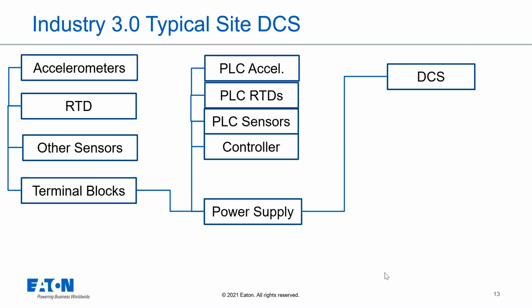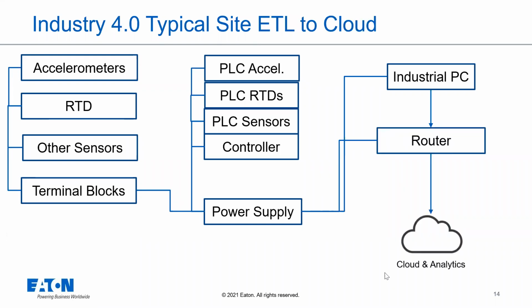So the PLCs would be part of what you would call the RTU, or remote terminal unit, which acts as a way to convert the signals from the devices. And with the PLCs, you can add logic as well. Now, if you wanted to have the information go to the cloud, it could pretty much be done the same way, but replacing the DCS system with an industrial PC and some type of router, right?